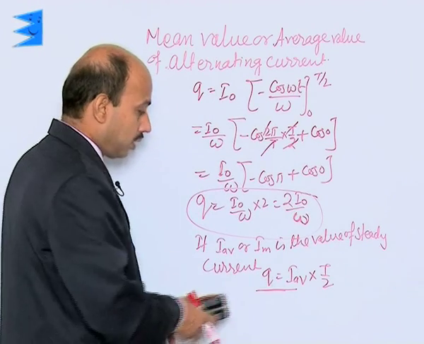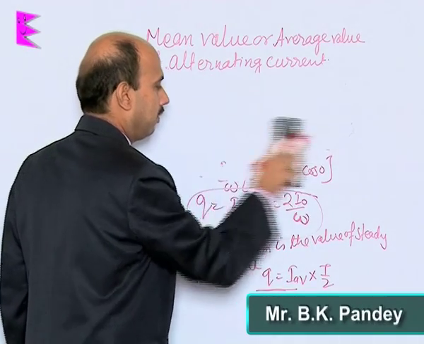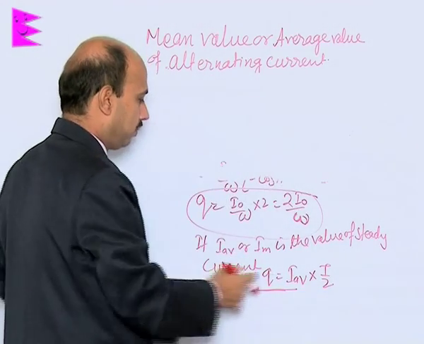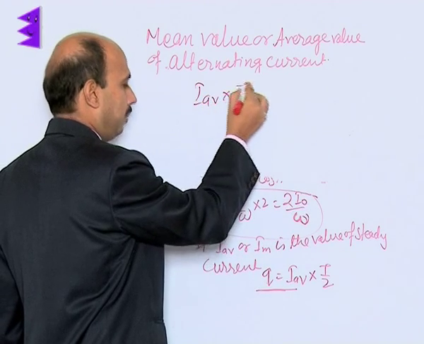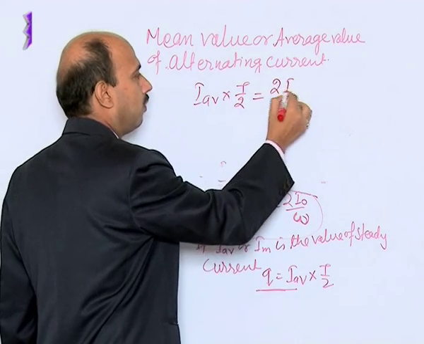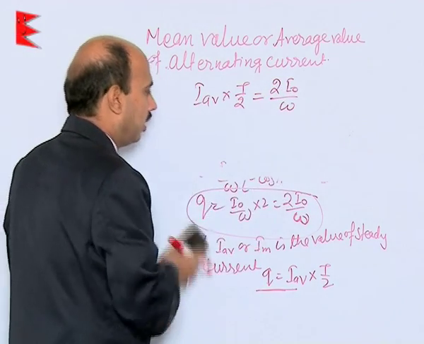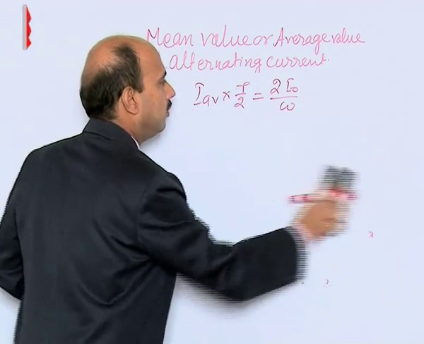Now we can equate these two equations. When we equate them, I average into T by 2 is equal to twice I naught upon omega. This is the final equation which we can solve.